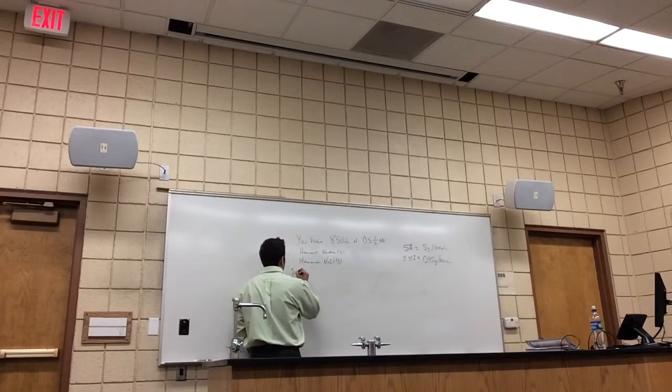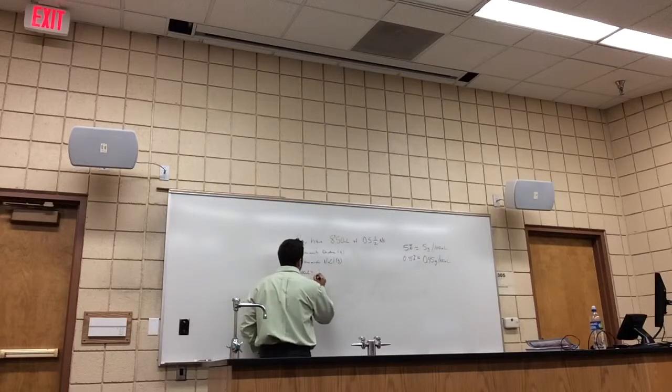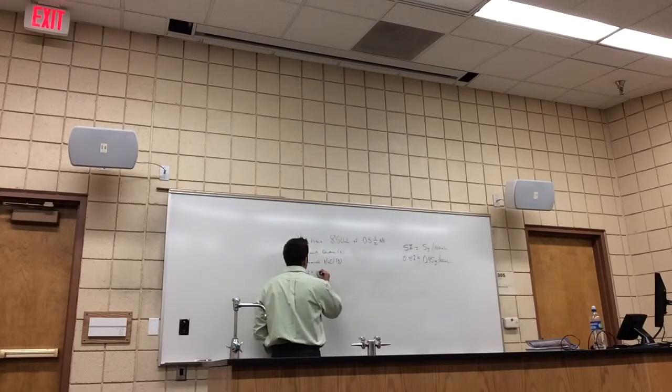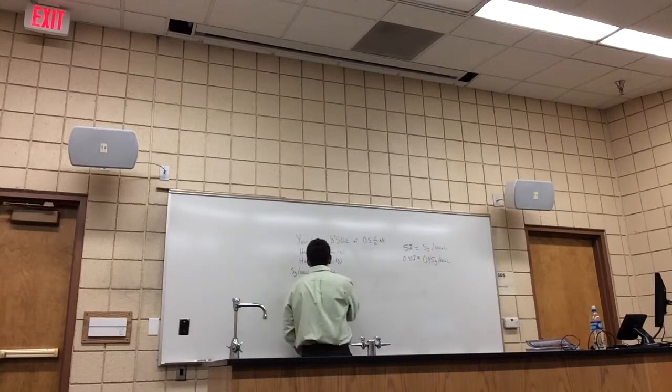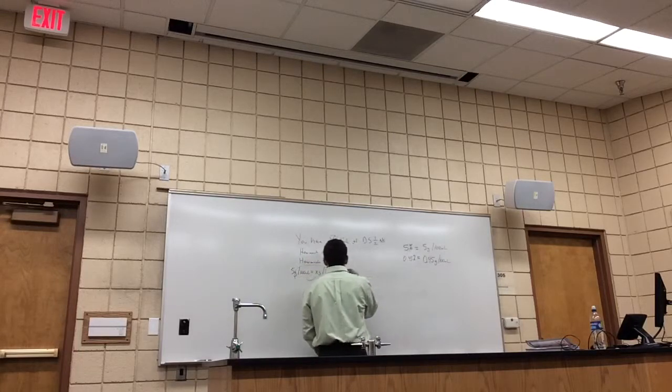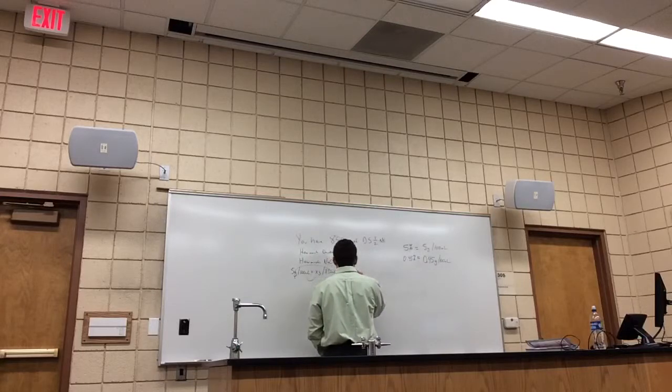Dextrose, 5 grams to 100 mLs is equal to X grams in 850 mLs. So, means and extremes. We got quick draw McGraw over there.